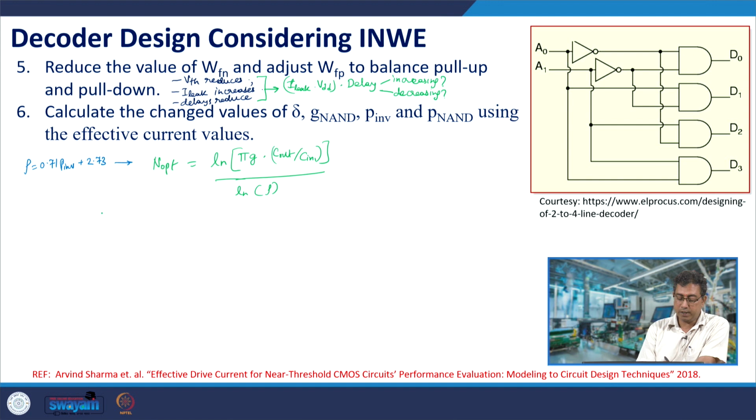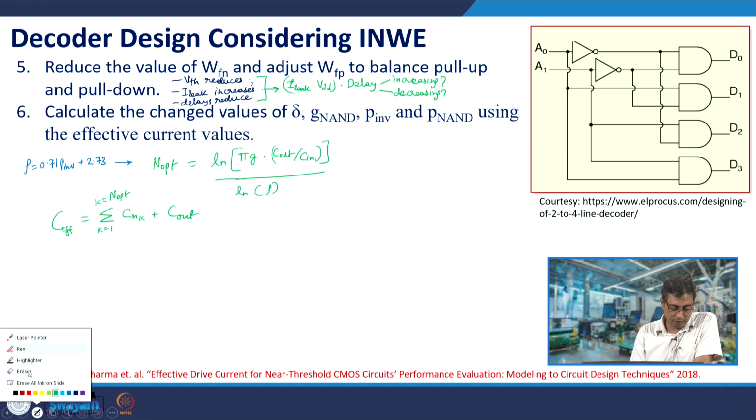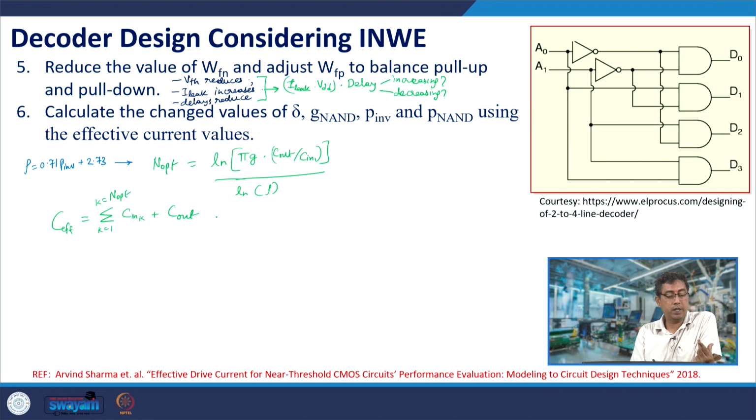With this number of stages, we know the sum of all C ins from k equal to 1 to n plus C out. So, this we call C effective of the entire circuit, and likewise we know the leakage current of the entire circuit, that is actually leakage power of the entire circuit.